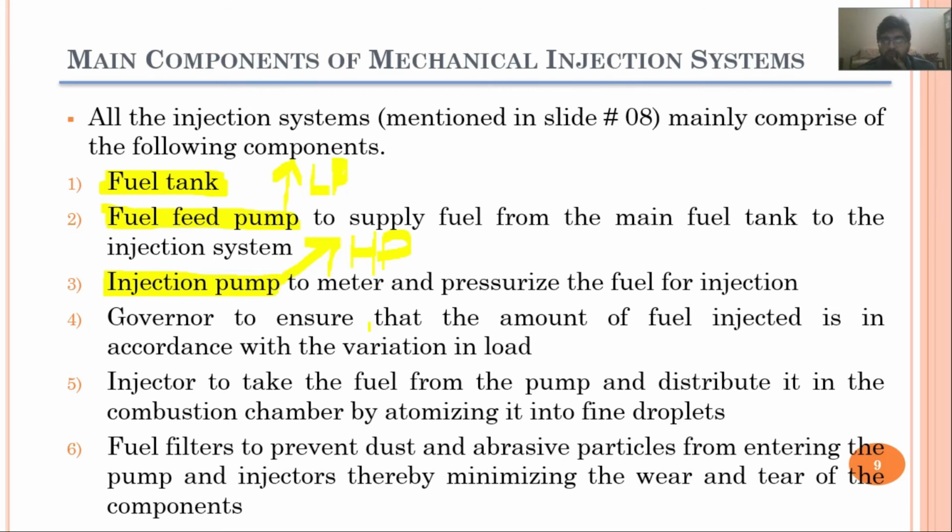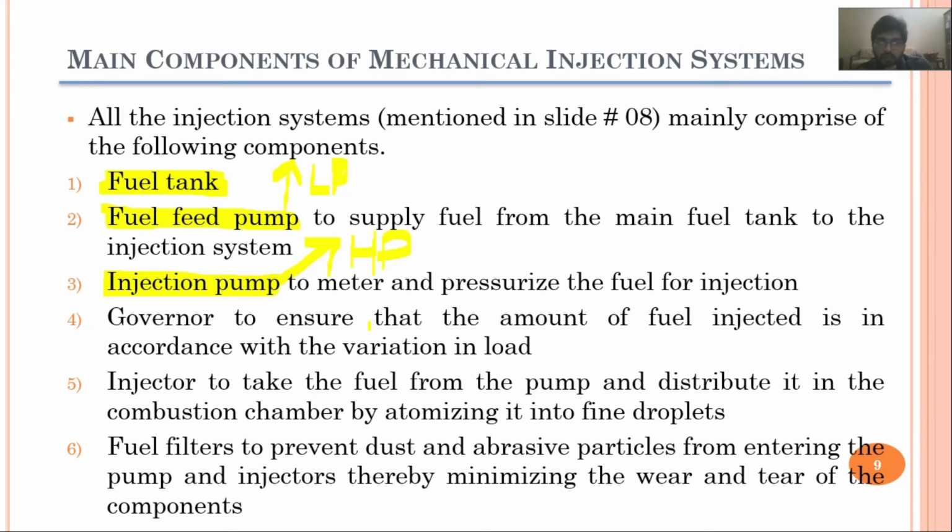So we have 2 pumps here. Usually we will have 2 pumps in a mechanical injection system. The first one is the fuel feed pump. They are called low pressure pumps, and the purpose of these pumps is to take the fuel from the main tank into the injection system.